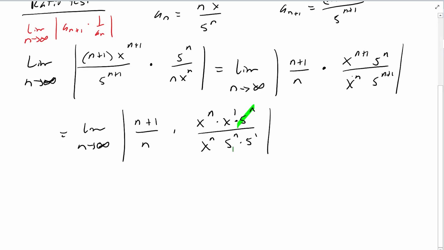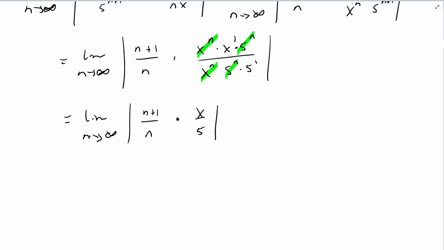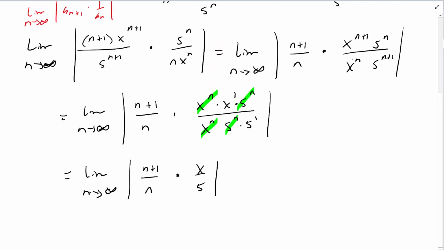And now we see that the 5 to the n's cancel, the x to the n's cancel. And so I simplified this down as the absolute value of the fraction n plus 1 over n times x over 5.